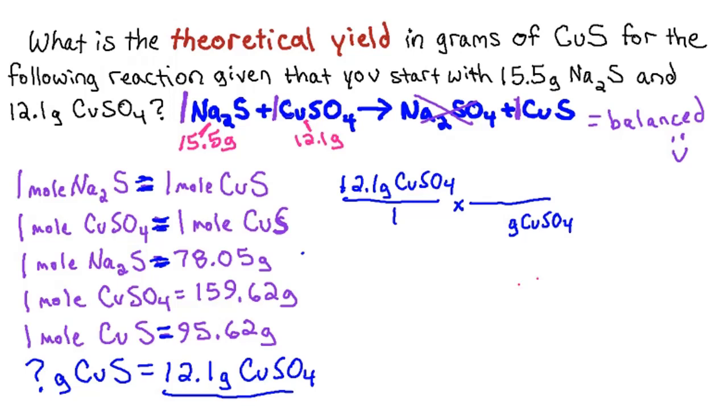Now let's look up at our data table and find out where it says grams of CuSO4, which is right here. We have 159.62 grams of CuSO4. And whatever's on the other side of the equal sign, we put on the top side of the fraction bar.